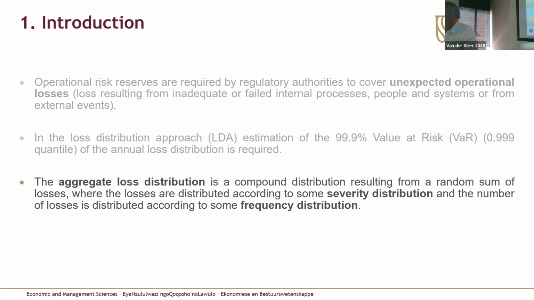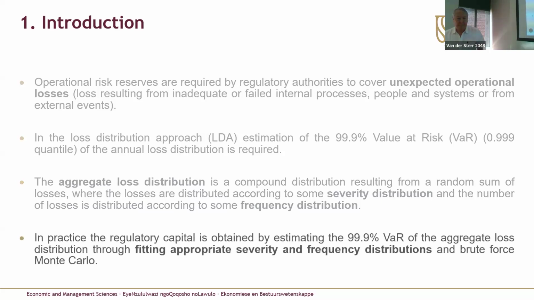Now, the two distributions you work with, the one is the size of the losses, which is called the severity distribution. And the second one is then the number of claims, which is the frequency distribution. And so you have a random sum of all the losses, but a random number. Okay. And of this aggregate loss distribution, you want to have this very extreme quantile, 99.9. So that's the issue here.